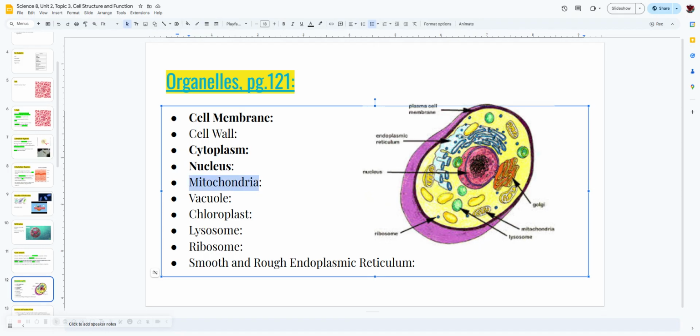Next, mitochondria. Now, there's a lot of memes on the internet about mitochondria because biology teachers are always talking about them. And those memes are always going to say that mitochondria, this little guy here, looks kind of like a bean, right? It has like a little wave on the inside. The mitochondria is, quote unquote, the powerhouse of the cell. These guys generate something called ATP.